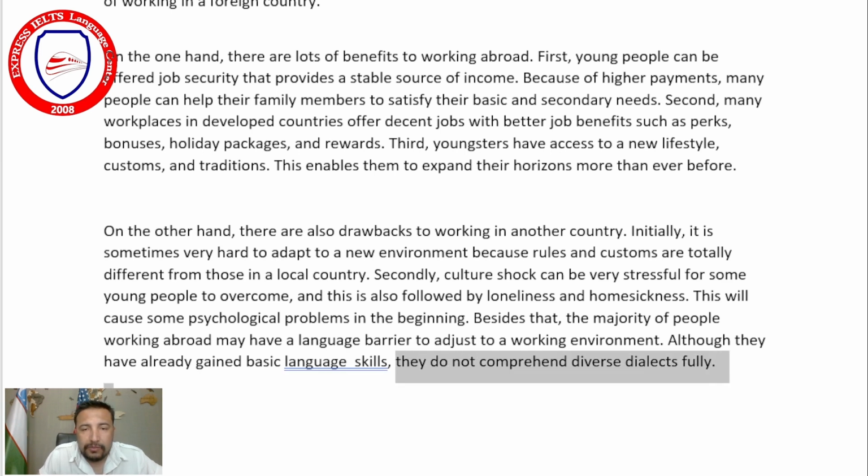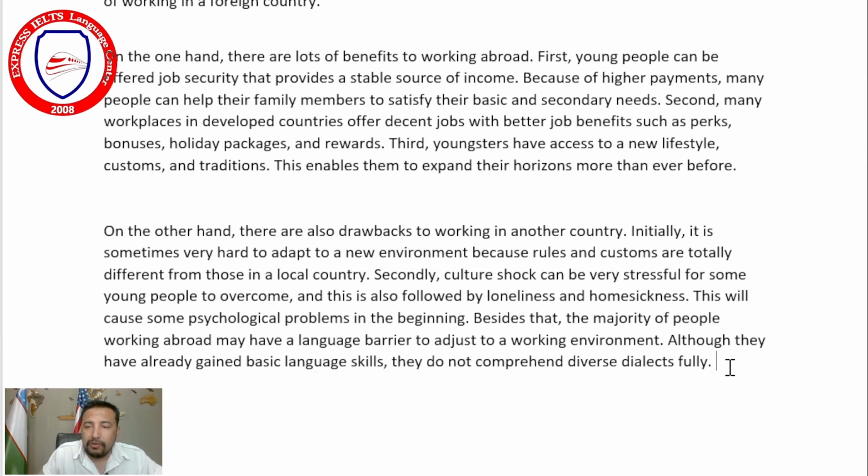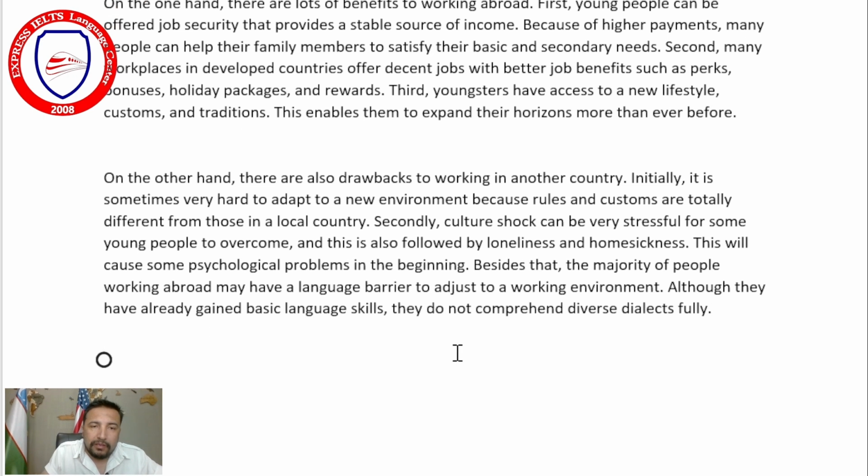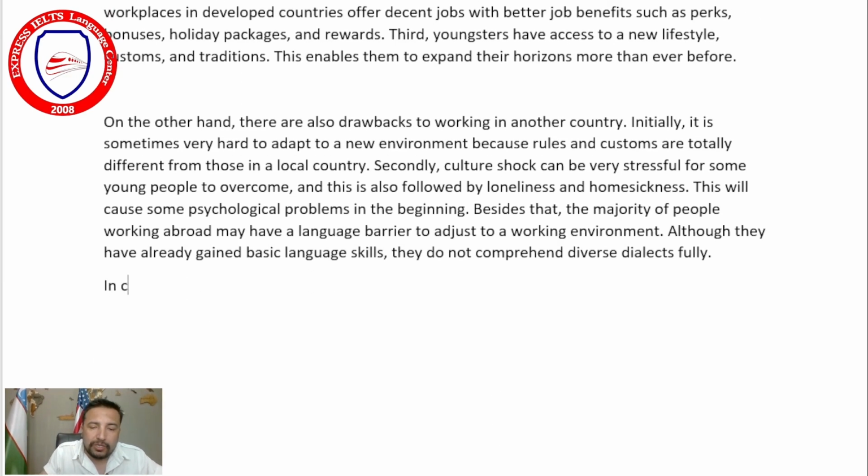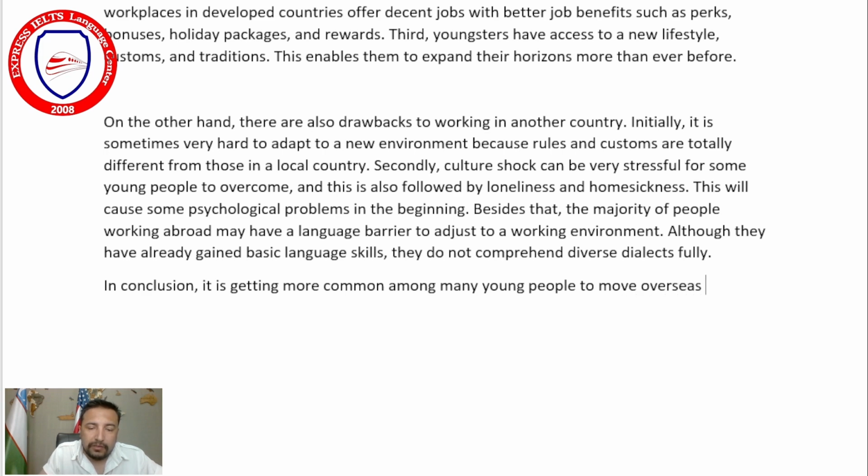Okay, then we may have some examples if we want. Then conclusion. We can write example. In conclusion, it's getting more common among many young people to move overseas for a job, you can say.